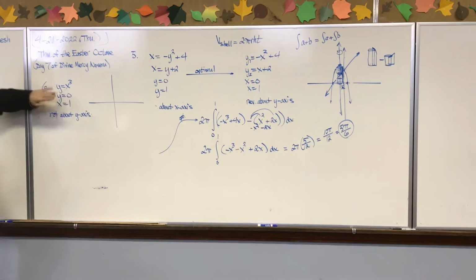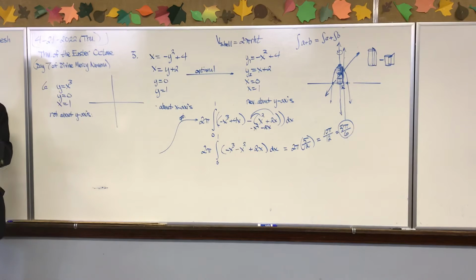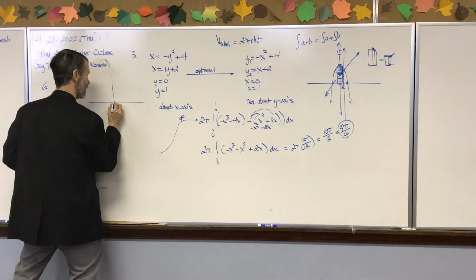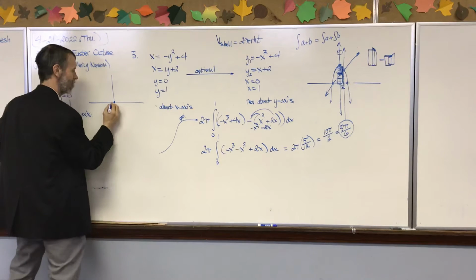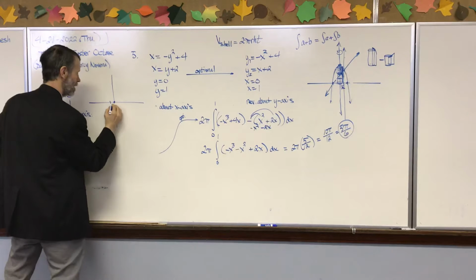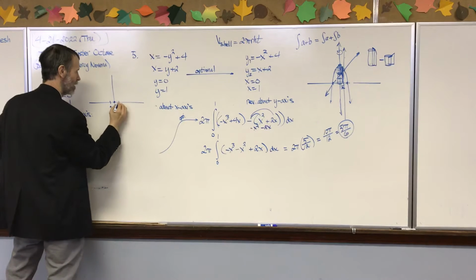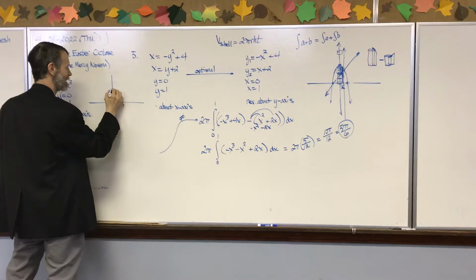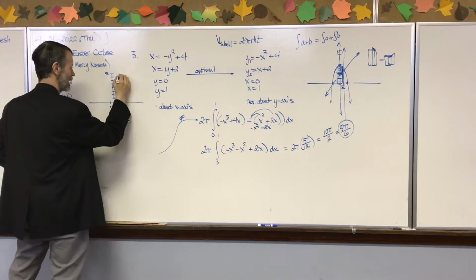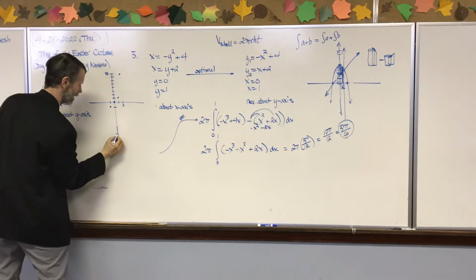Like x cubed equals 0. What's the only solution it has? 0. There's a triple root at x equals 0. So it's going to come up, flatten out, and go like this. Over 1, up 1. Over 2, up 8. We're not going to need that, but that's what this thing looks like. Go down to negative 8.